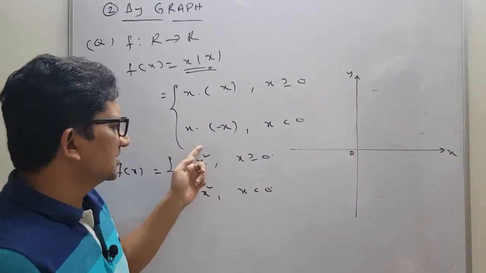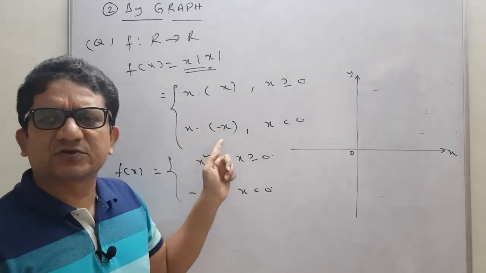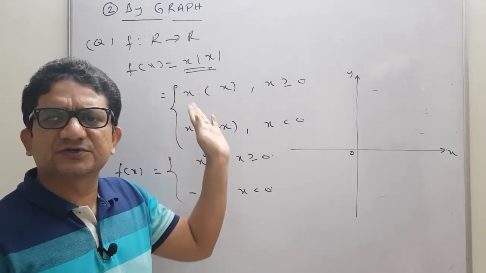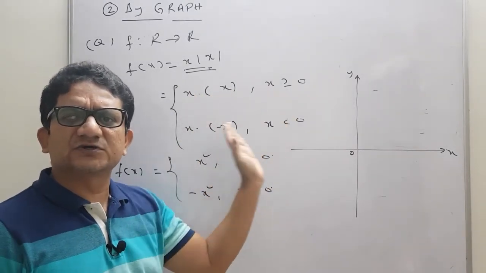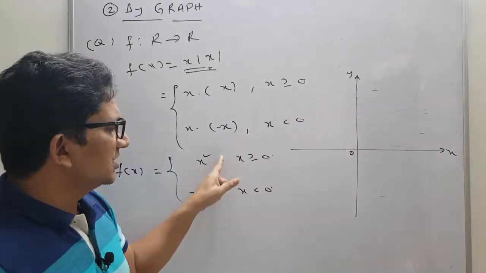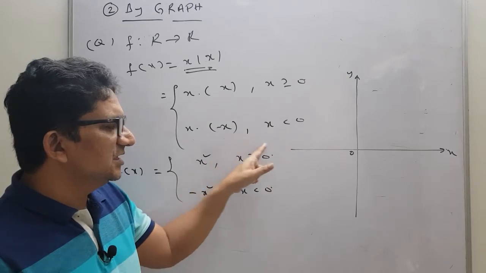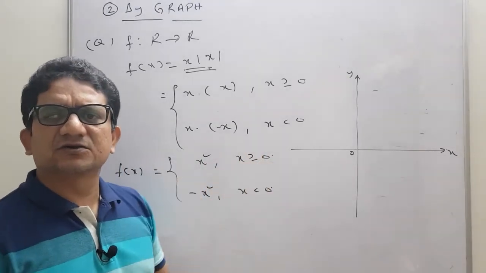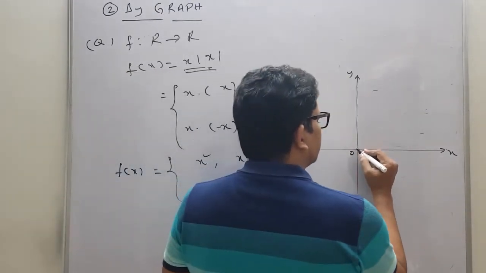Here the curve is y equals x square, which is a parabola that opens upwards. There is no need to draw the complete parabola, we need to draw only the portion where x is greater than or equals to 0. So this portion.